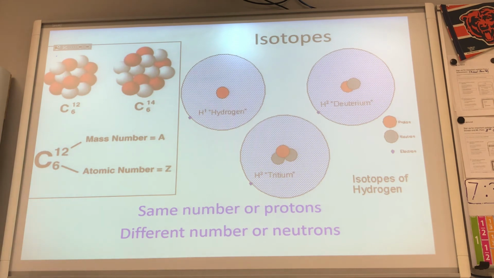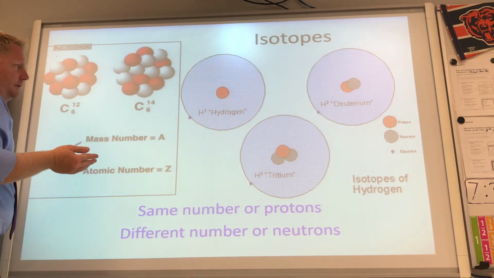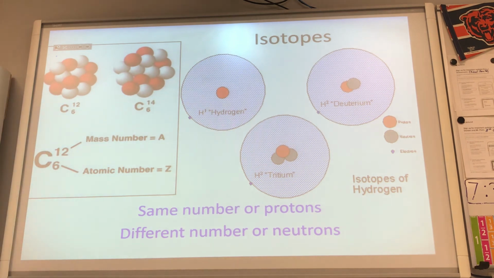That's how we get to 12, because there's 12 things in the nucleus. Carbon 14 has 6 protons, making it carbon, and 8 neutrons. The 8 neutrons plus the 6 protons make the 14. That's telling me the number of things in the nucleus. So same number of protons, different number of neutrons.